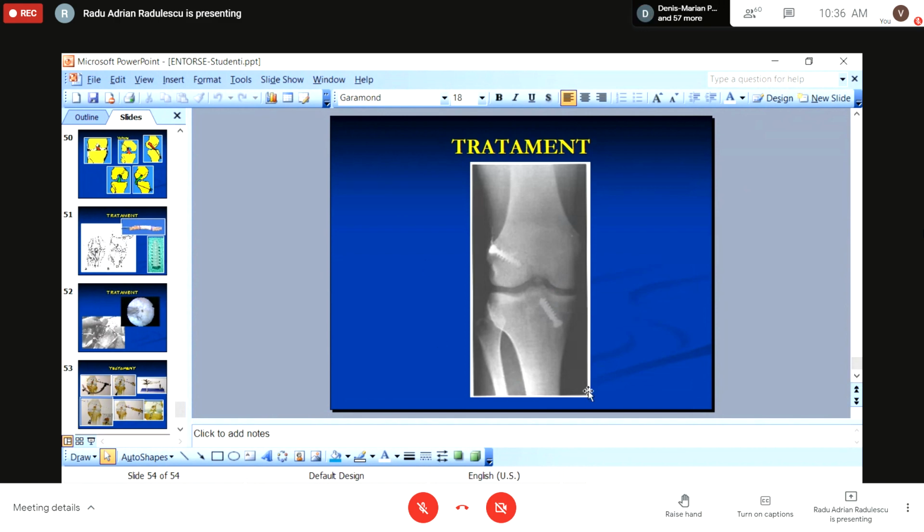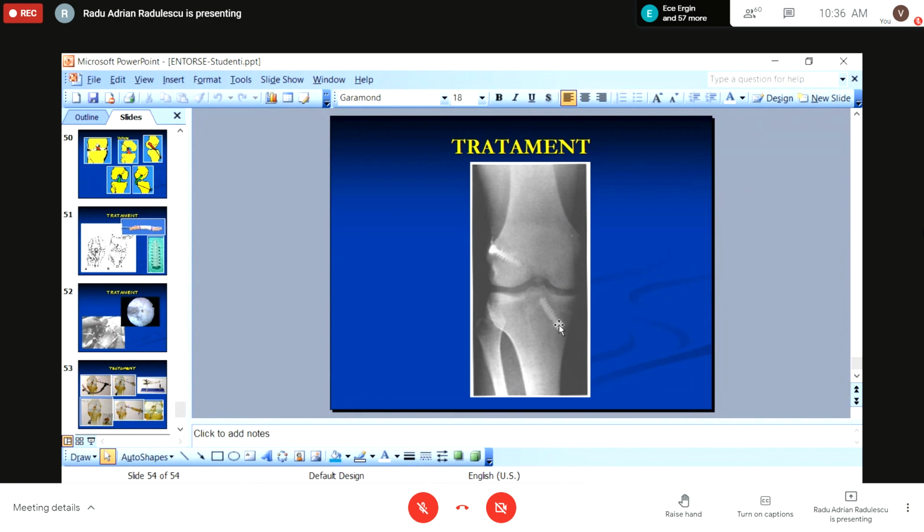Here is an X-ray after such a reconstruction. This is a very old X-ray. This is a reconstruction I've done probably 20 years ago. But I've chosen it because at that time we were using normal metal screws, because if I would present you a recent one with absorbable screws, you won't see them.